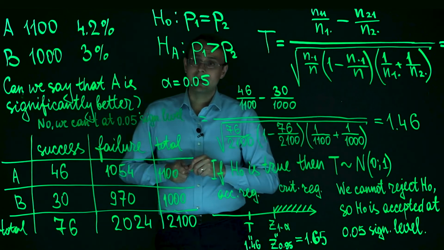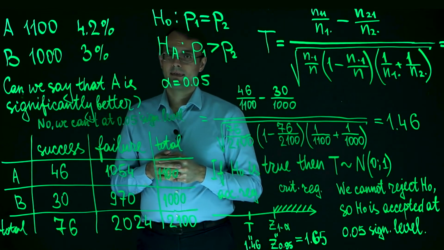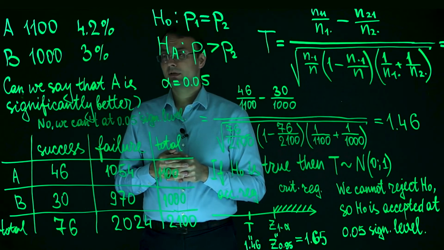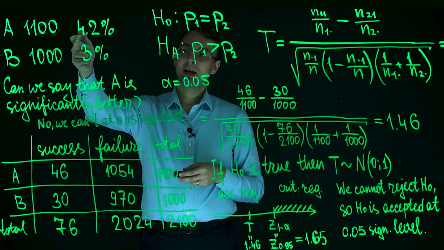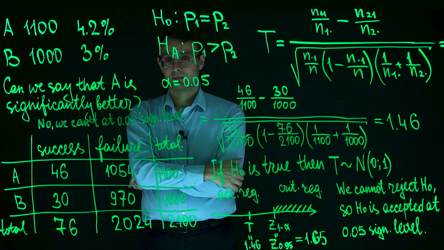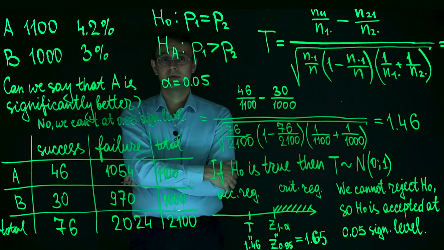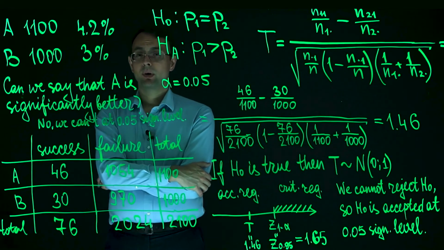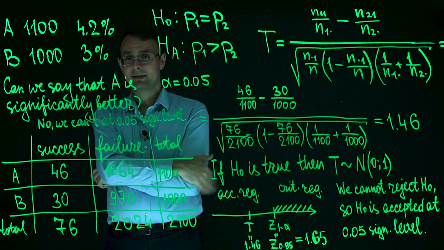So one may ask why it is so. The difference is not very big. So we see that the difference is 1.2%. So the difference between these two variants, these two options, A and B, is 1.2%.